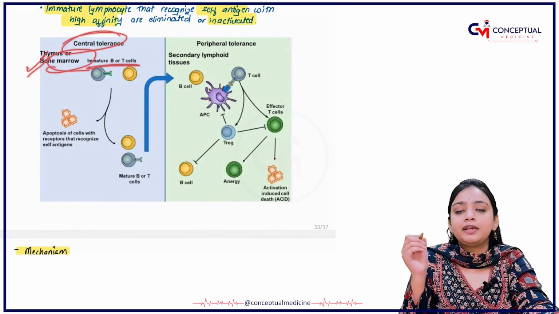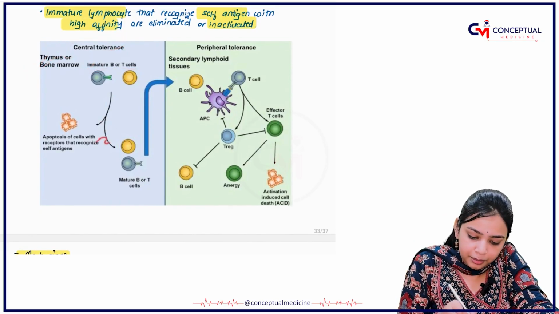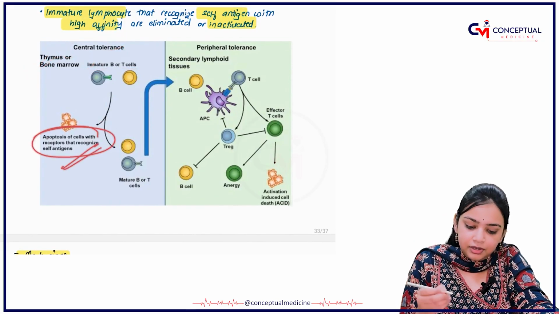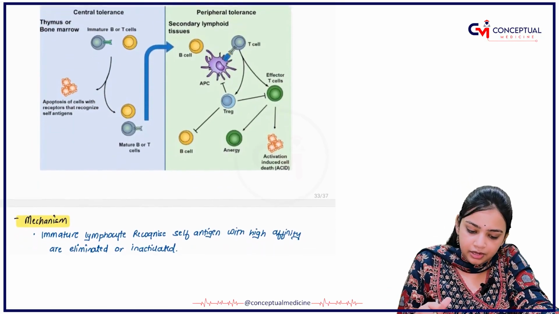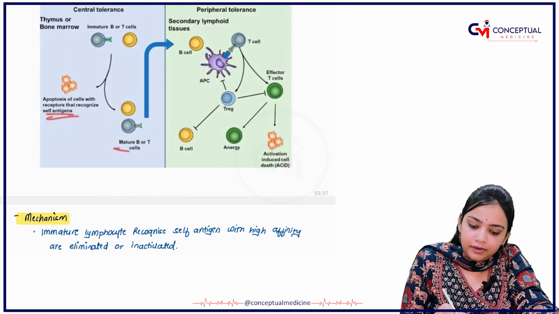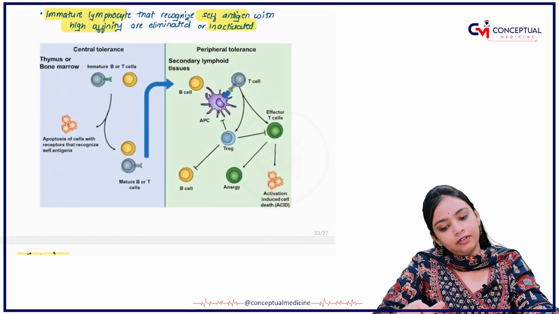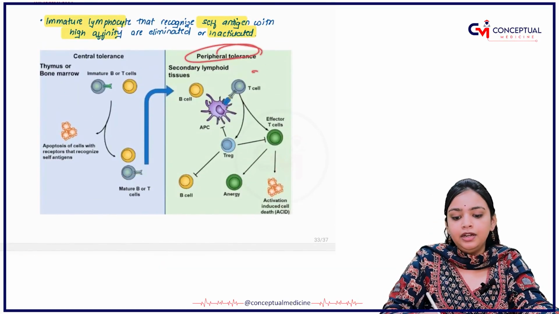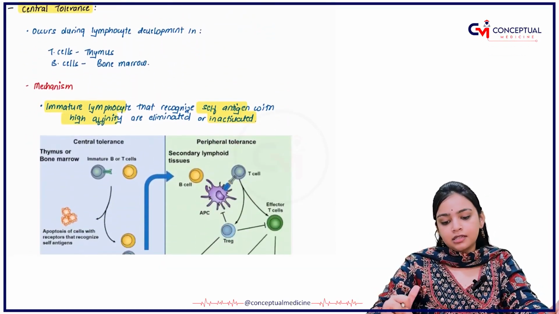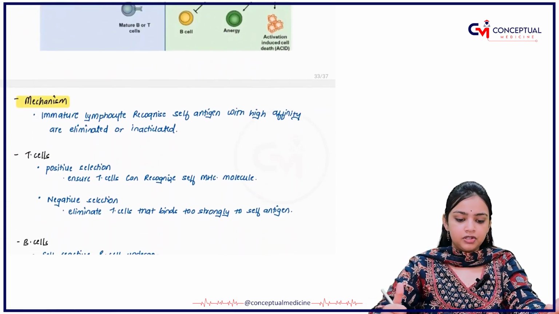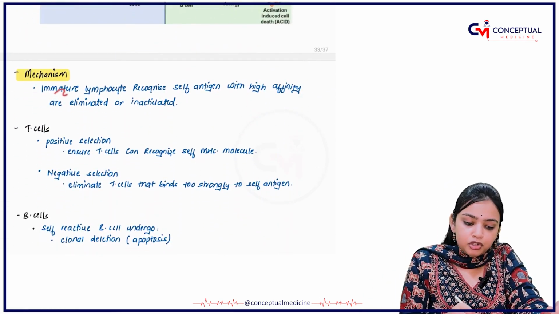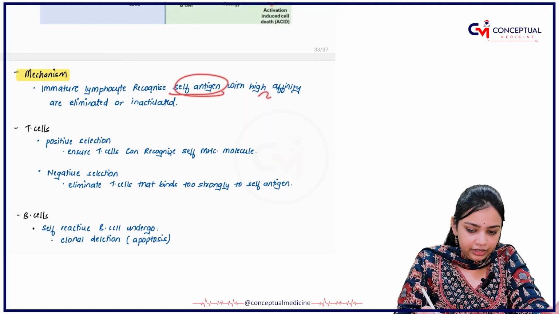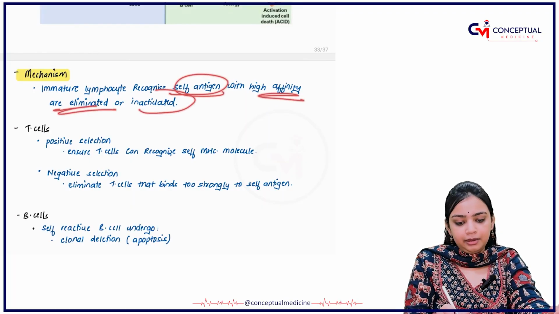You have the immature B cells or T cells. The process of apoptosis of cells is there. They recognize the self-antigens. And the mature B or T cells will take part in the peripheral tolerance, right? We'll discuss the peripheral tolerance as well. First, just finish this. The immature lymphocytes that recognize the self-antigens with higher affinity are eliminated.